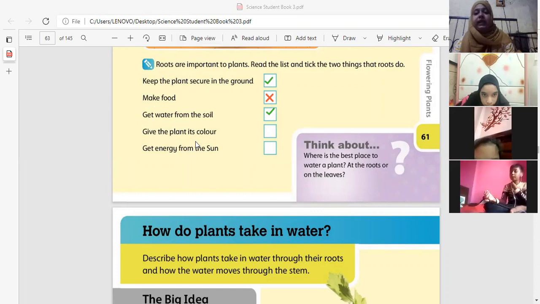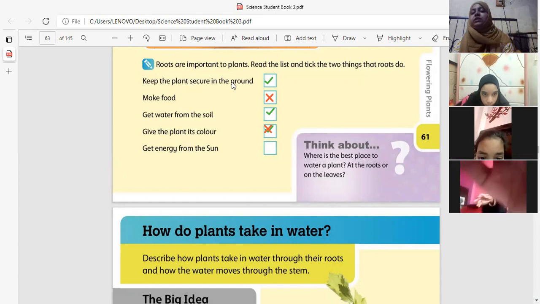Do roots give plants color? No. And get energy from the sun? No, they do not get energy from the sun, leaves do. So only two things: they keep the plant secure in the ground and they get water from the soil. Okay.